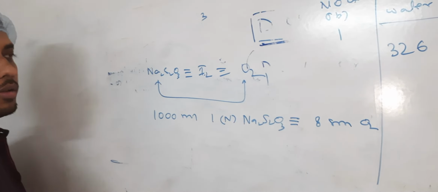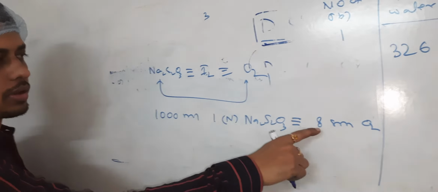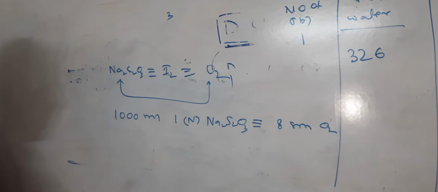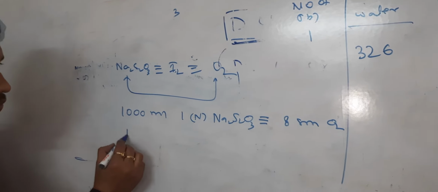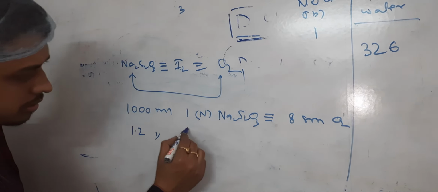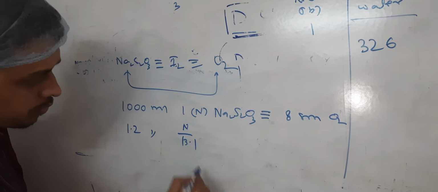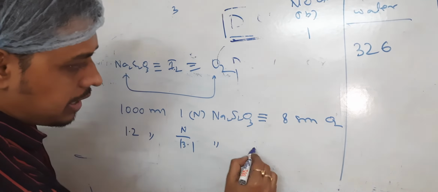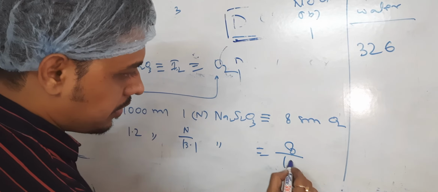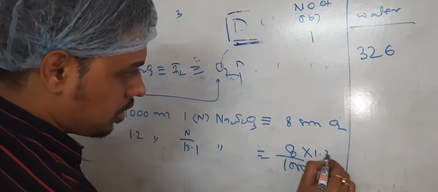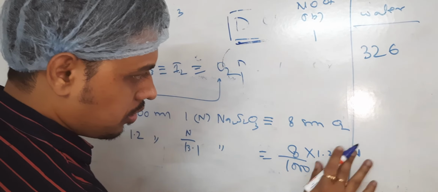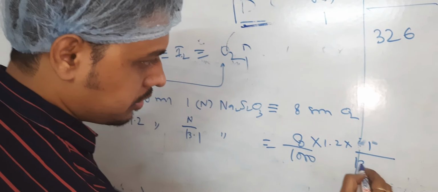Okay. This is the equivalent weight of oxygen. Okay, 1.2 ml of N by 13.1 thiosulfate is equivalent to 8 divided by 1000 into 1.2 into N by 13.1.